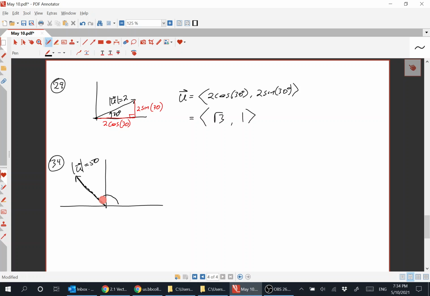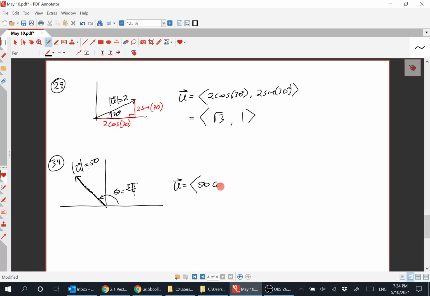And this angle is... right, so U has coordinates 50, right? The length of U. So even if it's not in the first quadrant, even if it's over here, the same stuff applies because the sine and cosine take into account the positive and negative, negating or not negating each coordinate based on what quadrant you're in.